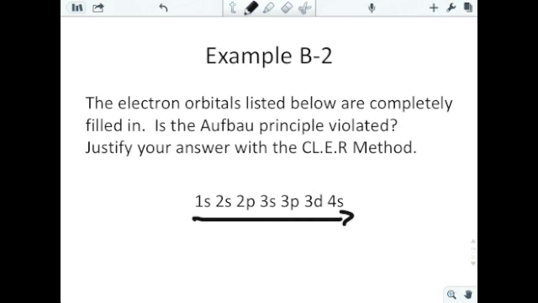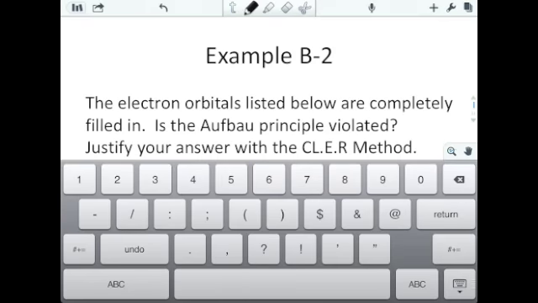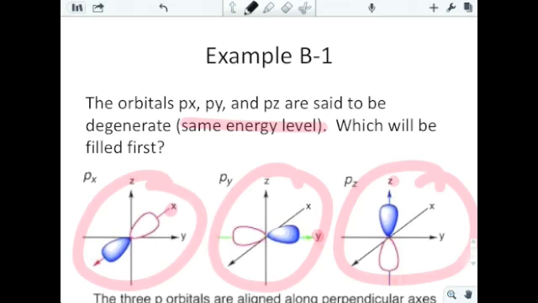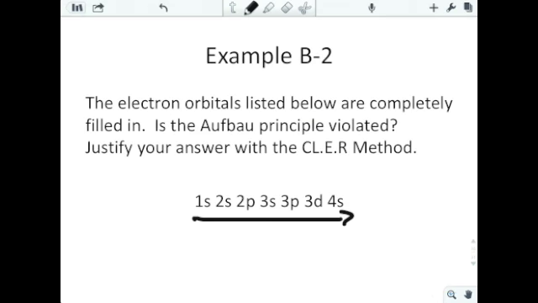Well, if we look at our periodic table, we're supposed to go 1s, 2s, 2p, 3s, 3p, and then 4s, and then 3d. In this example, it went 1s, 2s, 2p, 3s, 3p, and then 3d. And that 3d is actually supposed to come after the 4s. So yes, it does violate the Aufbau principle.